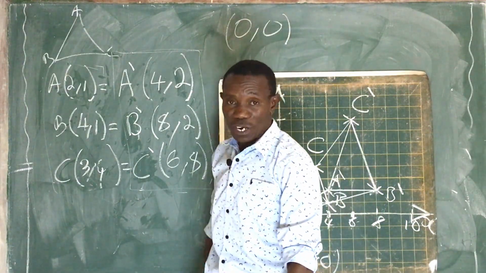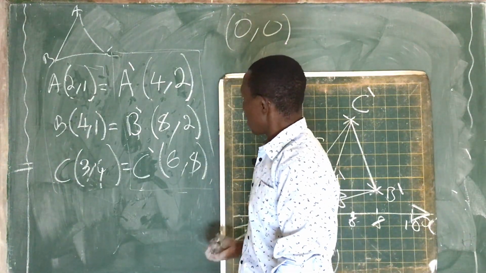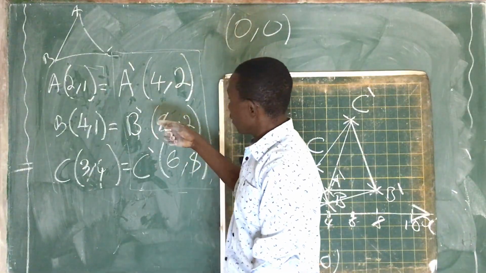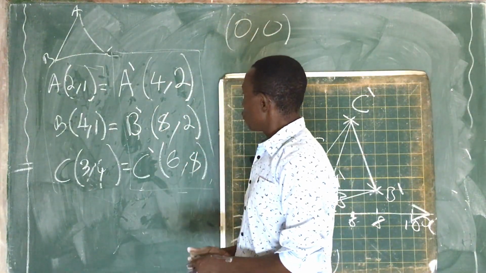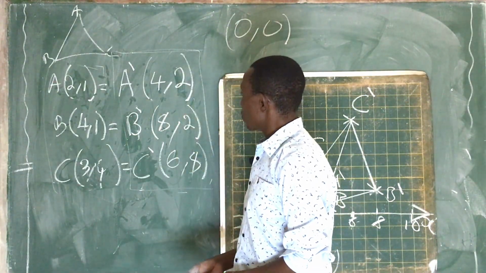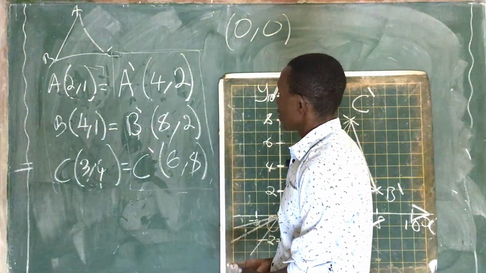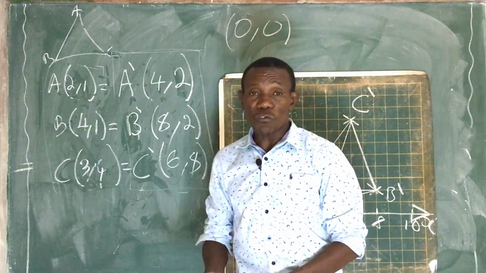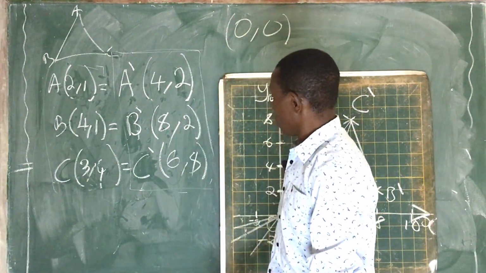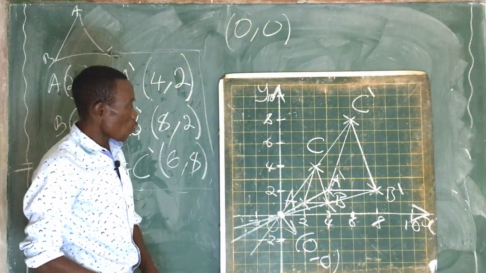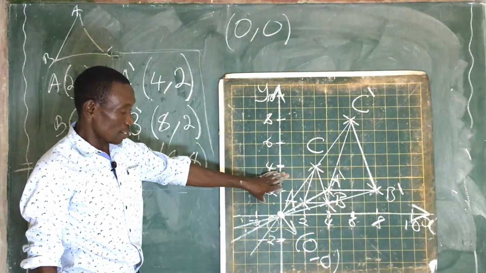The point of focus, each time you are given such questions, is how can I enlarge the figure? What you do here is just multiply the coordinates so that you have new points, which are just images of a particular object. Right, so what we have done here is well explained.